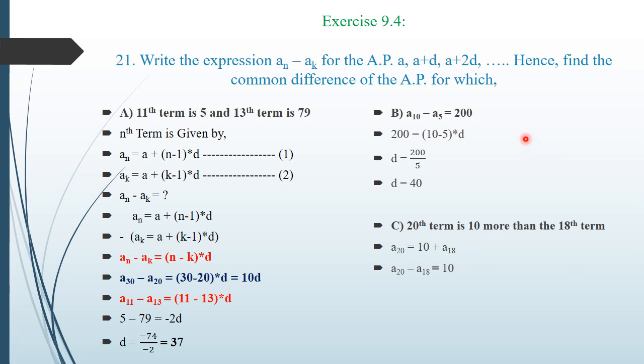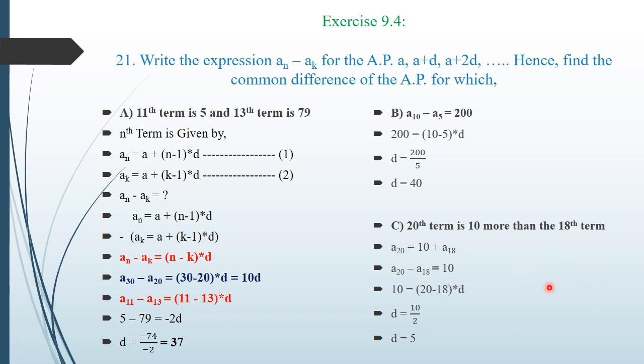Therefore again this question is of this form. Now I can easily solve this using this equation here. an minus ak, that is a20 minus a18 is 10, and n minus k is 20 minus 18 into d. Therefore d is equal to 10 divided by 20 minus 18, which is nothing but 2. Therefore d I am going to get as 5 here.